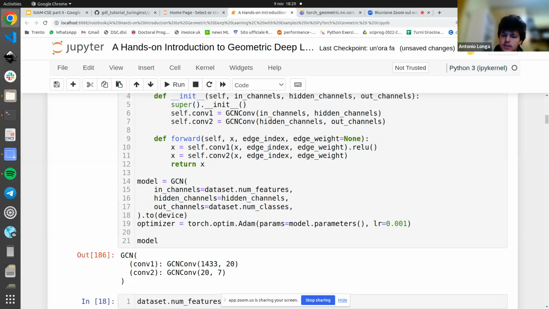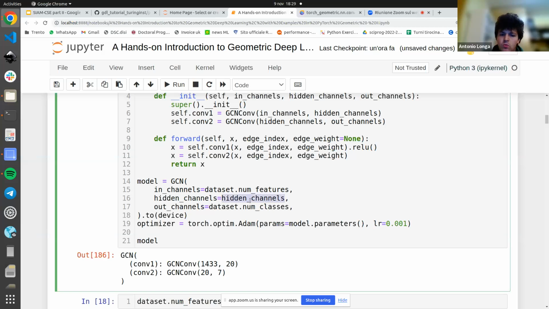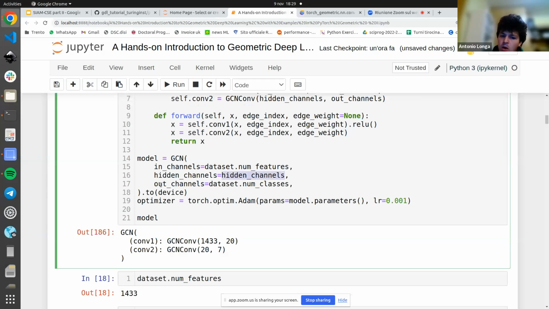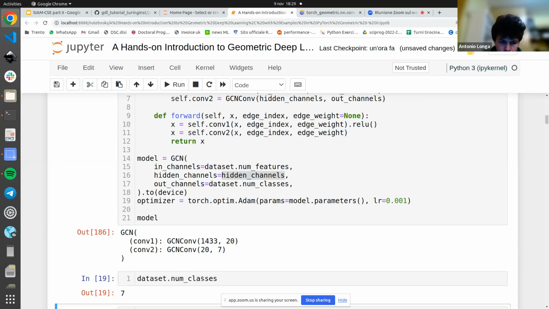So our first input channel is going to be that dimension. Then we have our hidden channels that we choose to be 20. And finally, we have our output channel, which is the number of classes we have. In particular, if I remember, it's 7, okay?